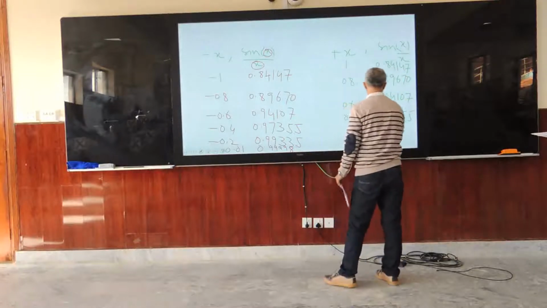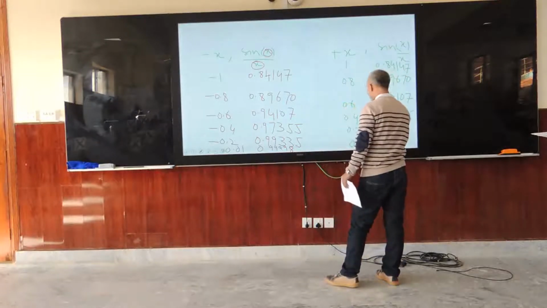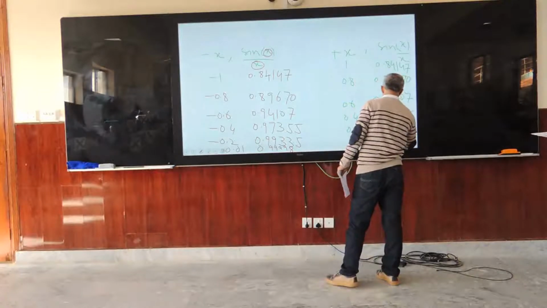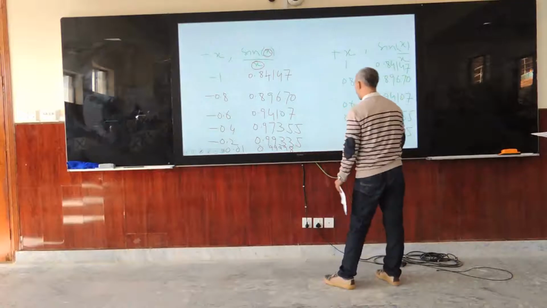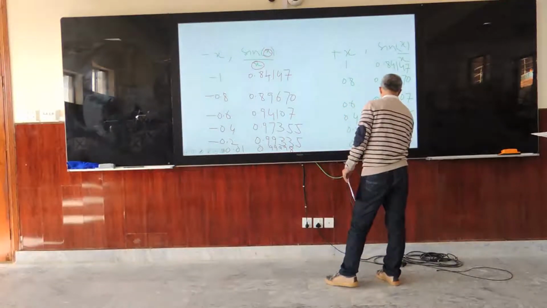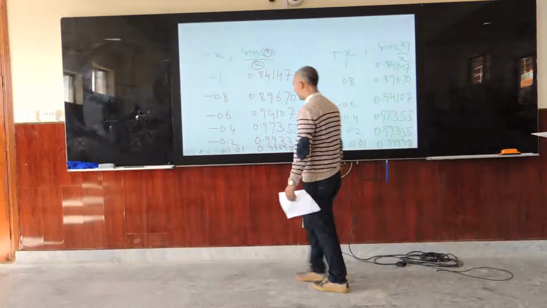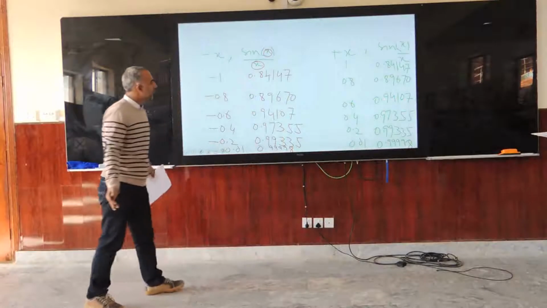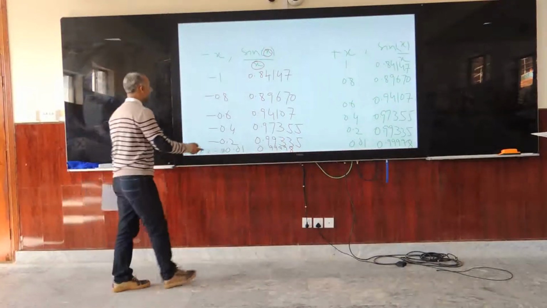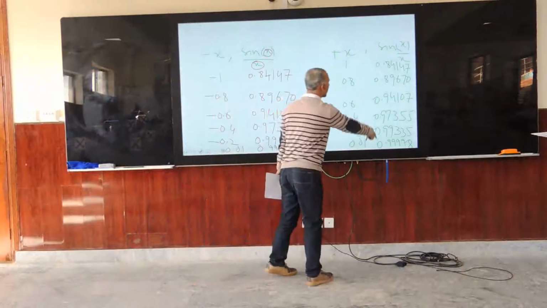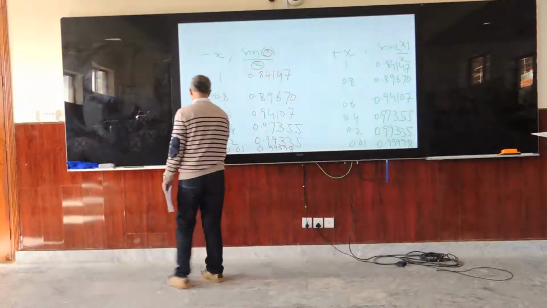For 0.2 you get 0.99335. For 0.01 you get 0.9998.